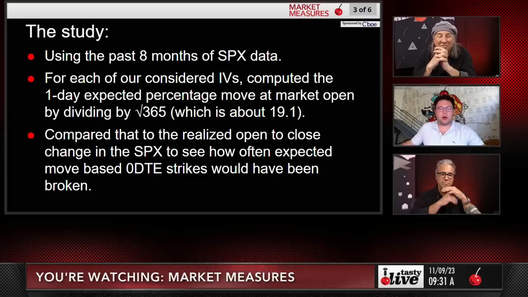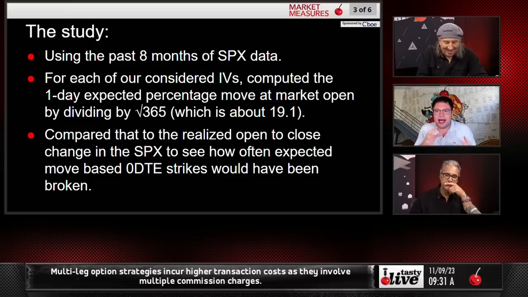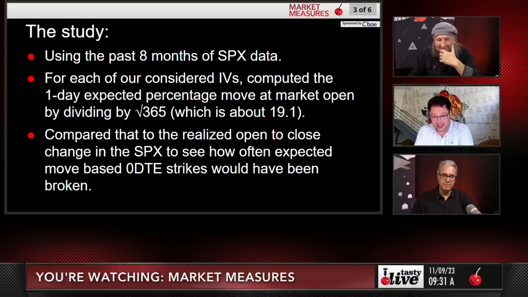So now, in order to decide which volatility metric is the best, we have to do some kind of test. What we're going to do is look at the realized move in the S&P 500 versus the expected move given by these volatility metrics.